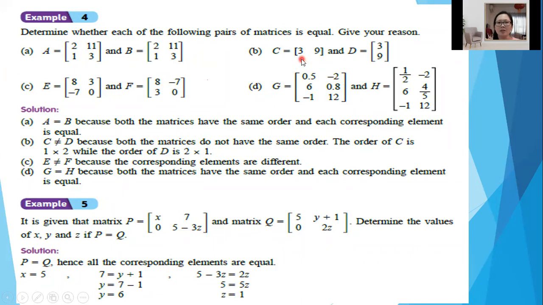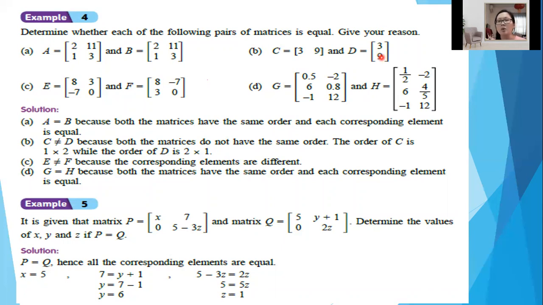B, 1 row, 1 column, 2 columns. So 1 row, 2 columns. Let's look at D. 1 row, 2 rows, 1 column. So this is 1 by 2, but D is 2 by 1. So since they have different orders, they are not the same.